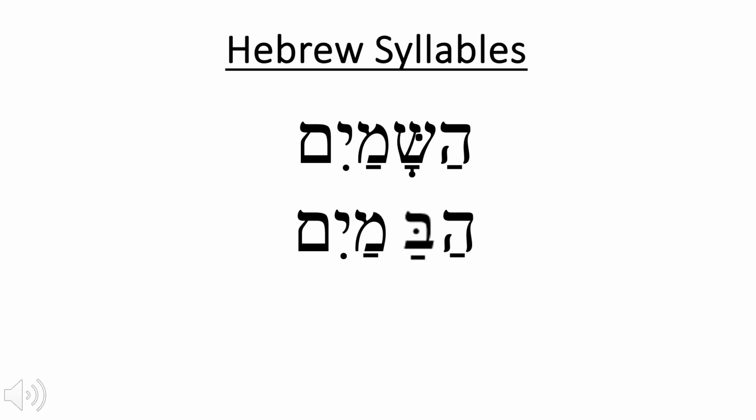The Dagesh in the shin in this first example, hashamayim, is a Dagesh forte. This is because this is a non-Begadkefat letter, so it must be a Dagesh forte. Dagesh lene only shows up in Begadkefat letters. However, the second word, habbamayim, has a Begadkefat letter, a bet.